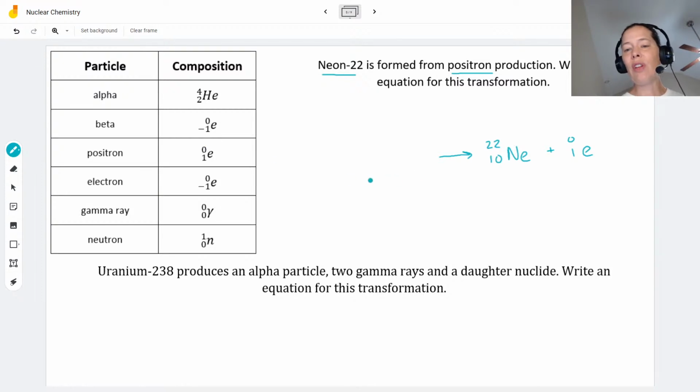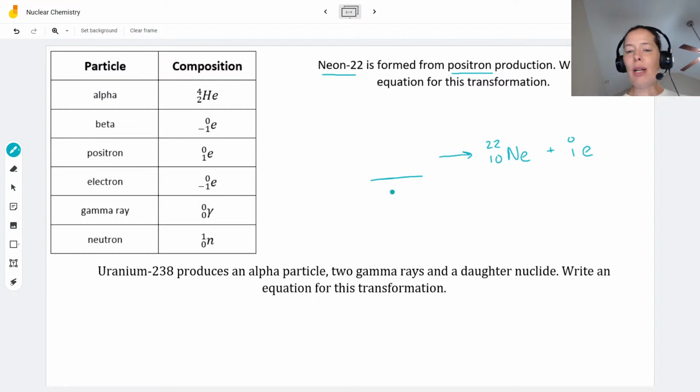And so what I'm trying to figure out is what I started with. So this is where I feel like these reactions can get a little bit tricky, is you just have to make sure you know, are you talking about a reactant? Or are you talking about a product? Are you talking about a decay or a capture or a production? And just making sure you're really careful with reading the language and putting things on the correct side.